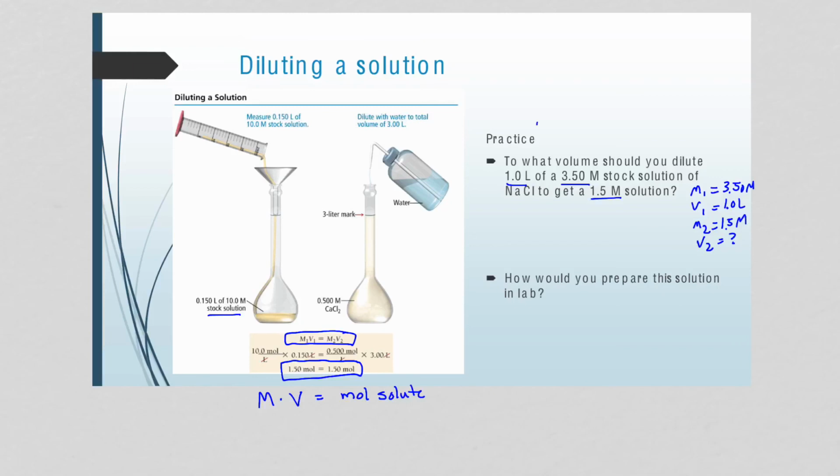So M1V1 equals M2V2. So I'm going to have 3.50 molar times 1.0 liters equals 1.5 molar times V2.